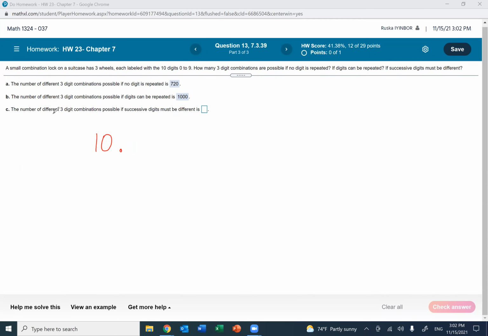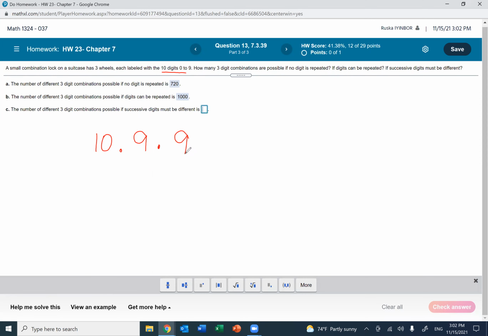The first digit you're going to pick is from 10 possible. And then for the next one, because it must be different, there are going to be 9 possibilities. And then you pick one more with 9. So when I multiply this, I have 9 times 9 is 81.